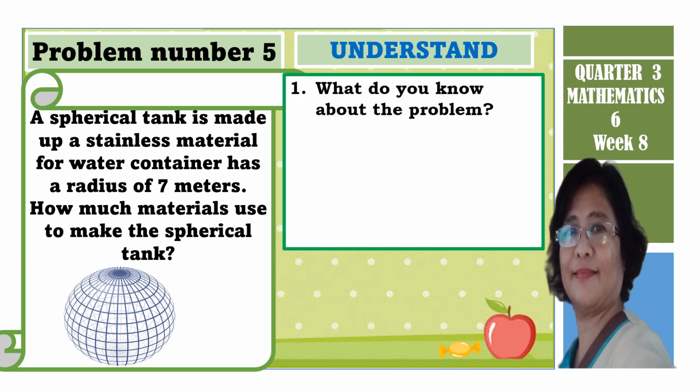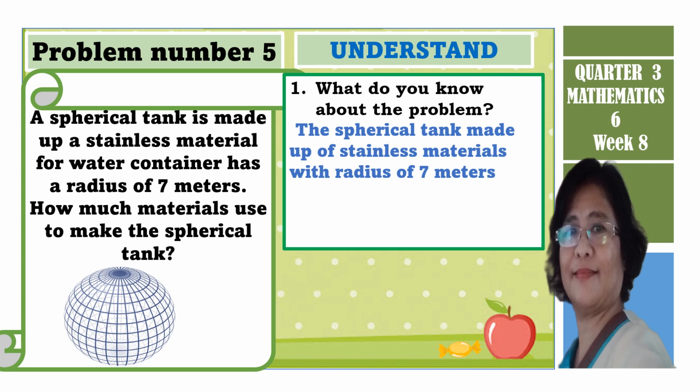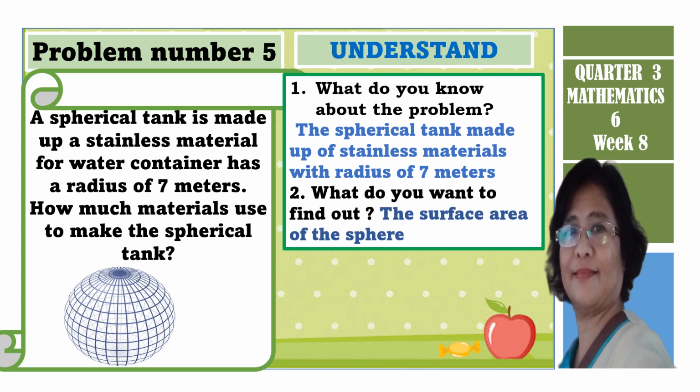The problem is all about the spherical tank made of stainless material with a radius of 7 meters. What do we want to find out? The surface area of the sphere. So the problem is asking us to find the surface area of the sphere.